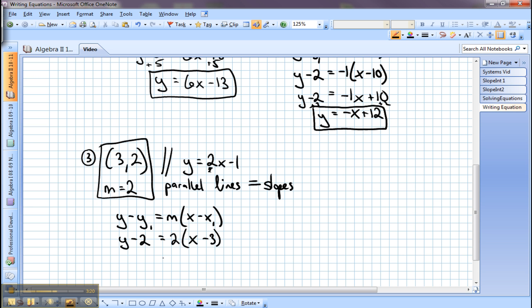And then changing to slope-intercept form, when we distribute, we get y minus 2 equals 2x minus 6. And then adding 2 to both sides, we get y equals 2x minus 4. And so y equals 2x minus 4 is the equation of our line that passes through 3, 2 and is parallel to y equals 2x minus 1.